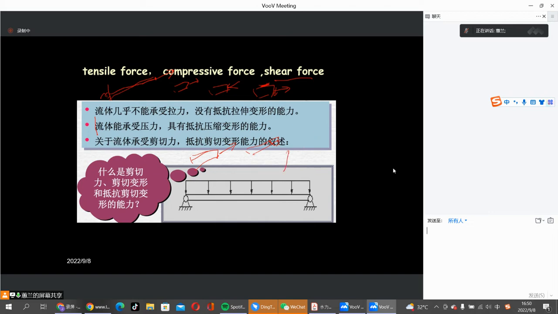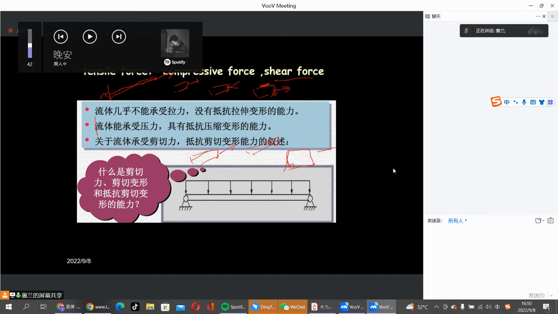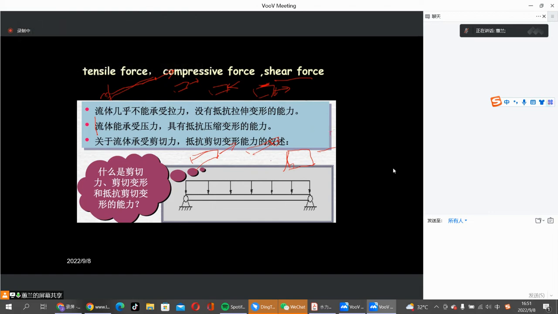What's the shear strain? Take this as an element, a fluid element or a solid element, and it can change its shape. For example, this is a rectangular fluid element or solid element. If we apply shear force, the rectangle will deform like this.